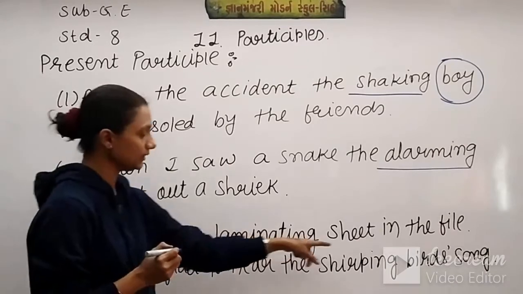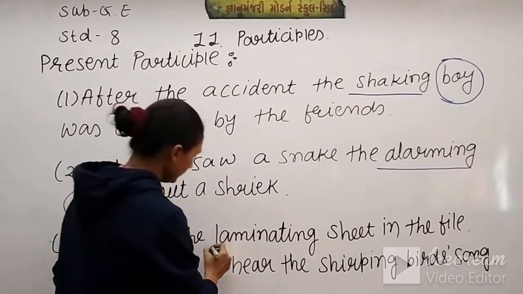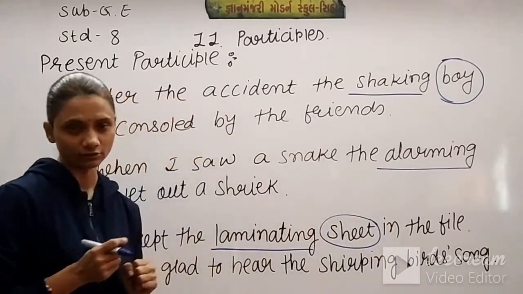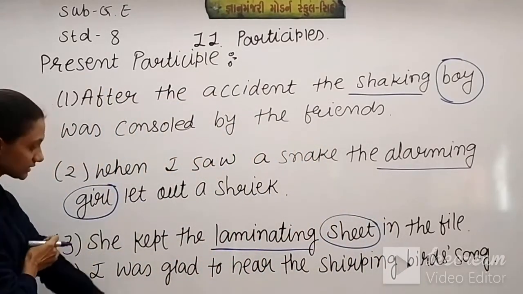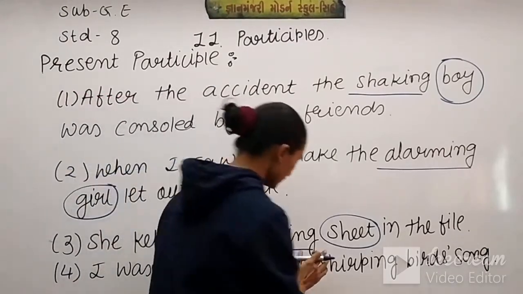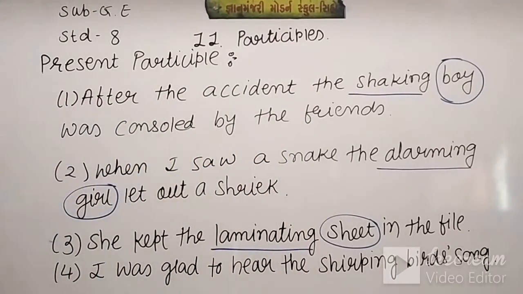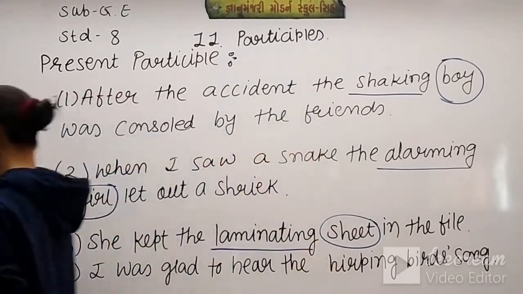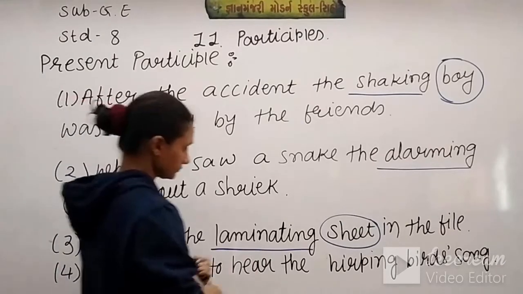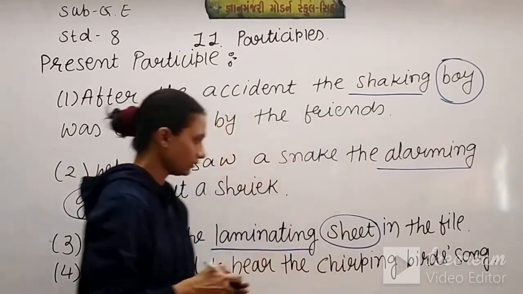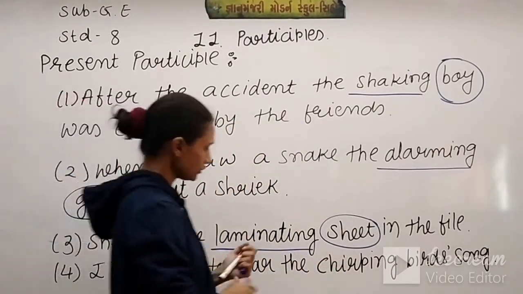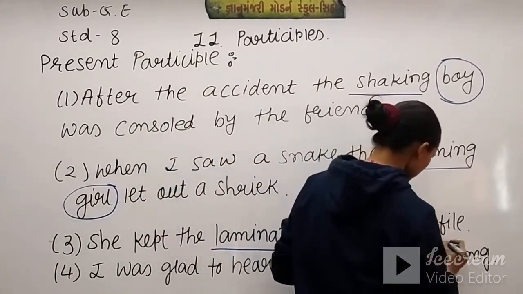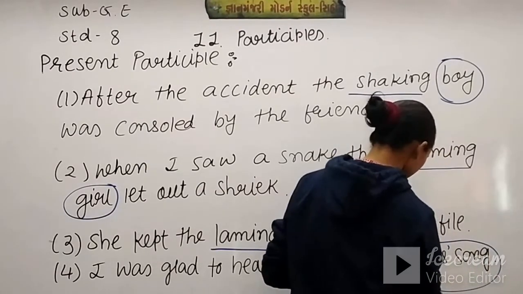She kept the laminating sheet in the file. Laminating is our participle. Sheet is our noun, we can say modified word. I was glad to hear the chirping birds song. So chirping is our participle and birds and song we can say are modified words.